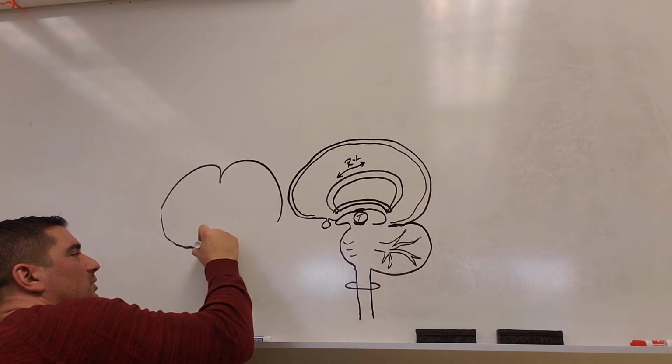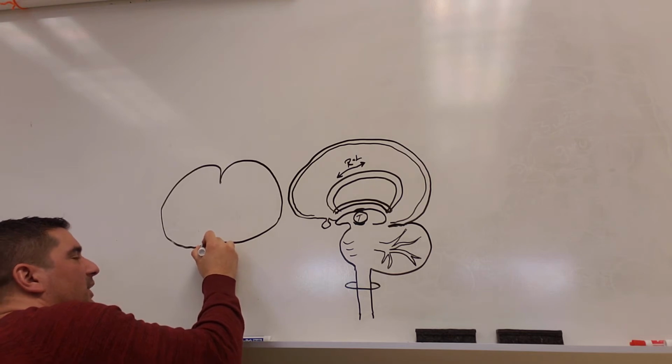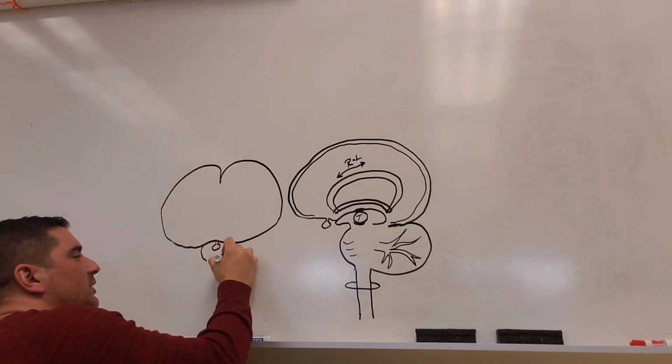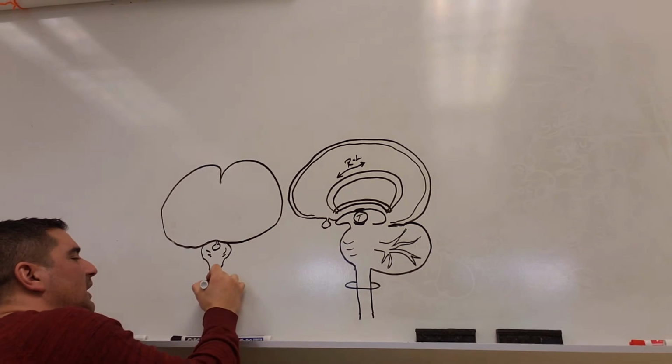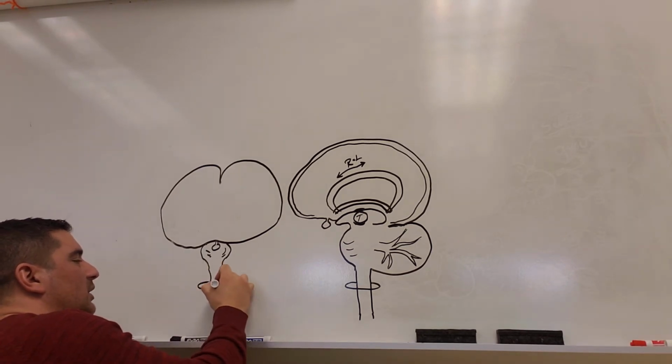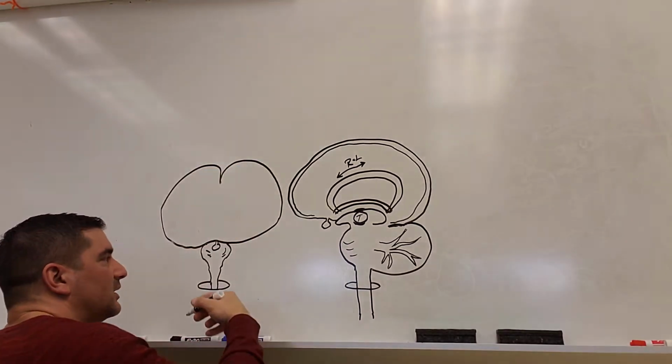I'd go up like that, and then I'd have the pituitary gland hanging down there, and then I would have the pons here, midbrain, and then medulla oblongata, and then that would go out through the foramen magnum. So this is it cut this way.